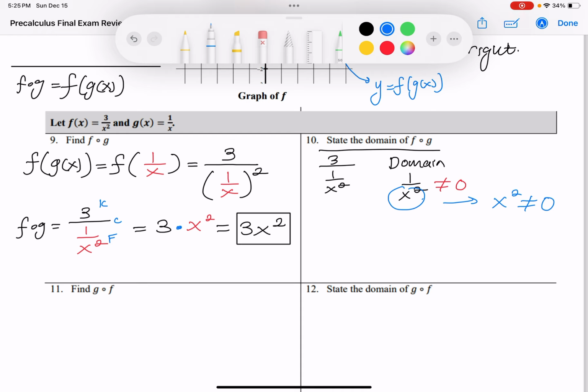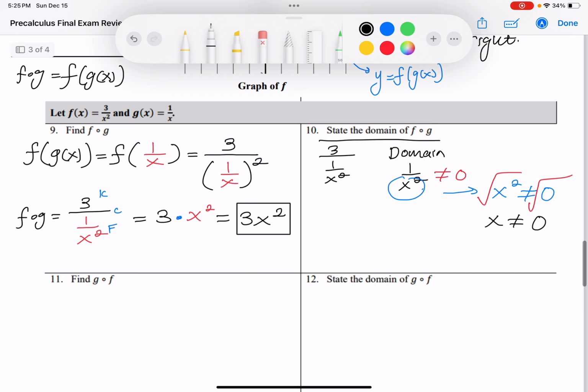Now, I do want to say this. 1 divided by x squared can never be 0. 1 divided by anything is never 0. So that itself is not a restriction, but the restriction comes from the x squared in the denominator of your fraction. x squared cannot be equal to 0. So by taking the square root of both sides, we learn that x itself cannot be equal to 0.